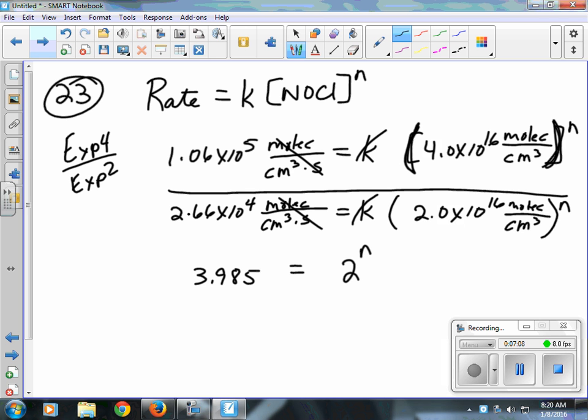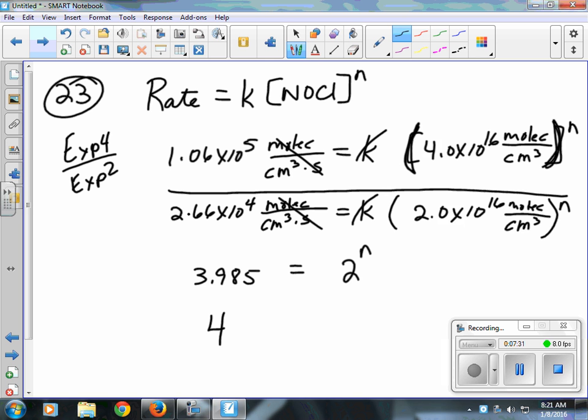Now, you can punch this on your calculator, but 3.985, is that close enough that we can round that to 4? Sure. Now, if it were 3.5, no, we couldn't. But this is fine. So let's round that to 4 equals 2 to the nth order.